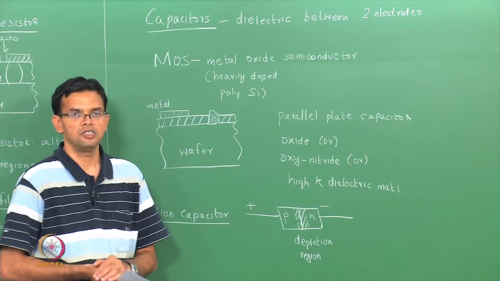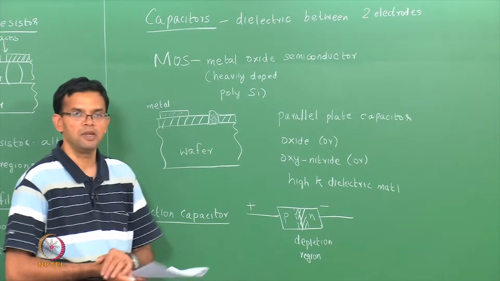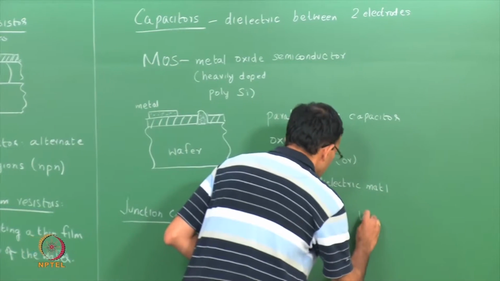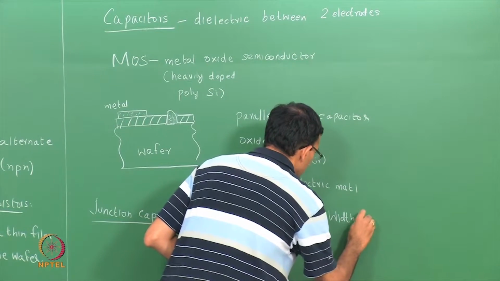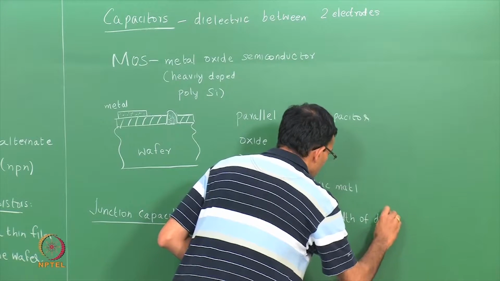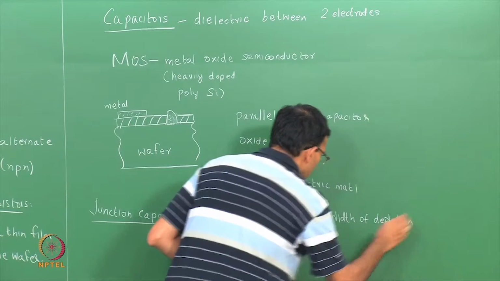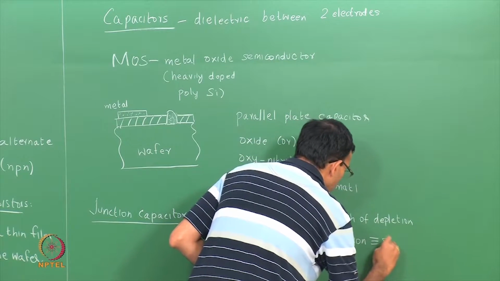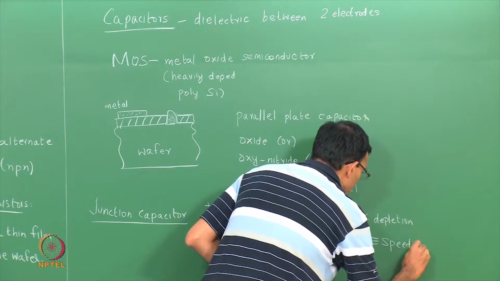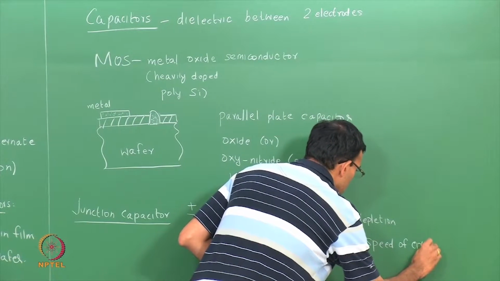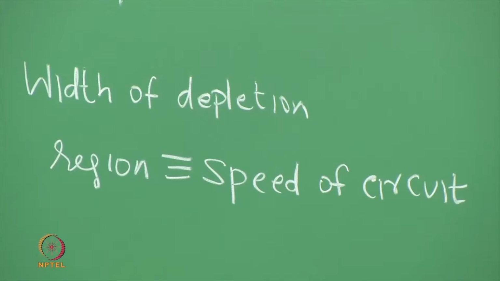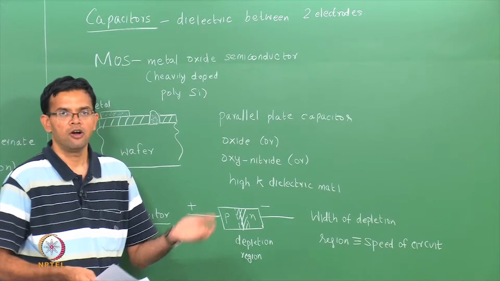Designing a p-n junction is important because the width of the depletion region will control the speed of the circuit. Will affect the speed because electrons and holes have to diffuse through the p and the n regions and also through the depletion region in order to form your current.